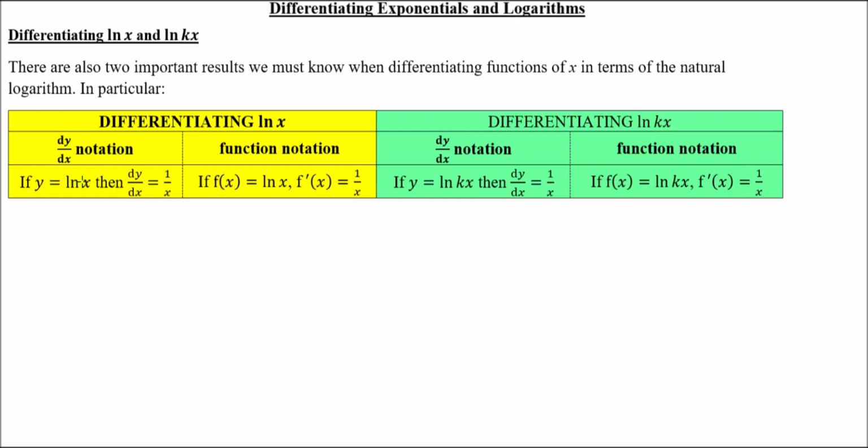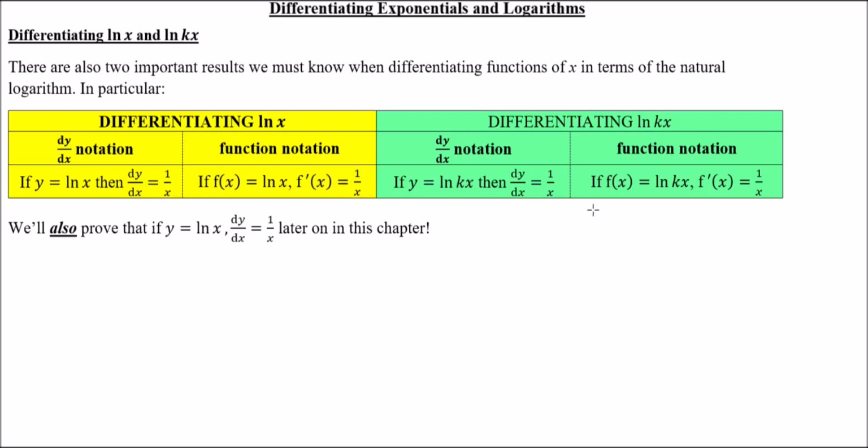So whether it be ln of x or ln of kx, they both differentiate to 1 over x, which I'm going to explain now. We'll also prove why this is the case later on in this chapter. So if you're slightly unsure why this is the case, just bear with me. I will explain and try to convince you that this result does hold.